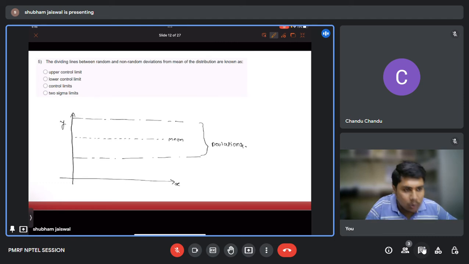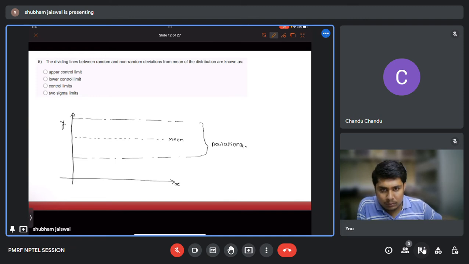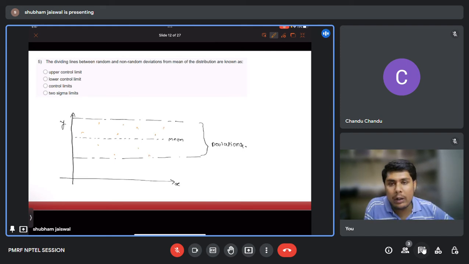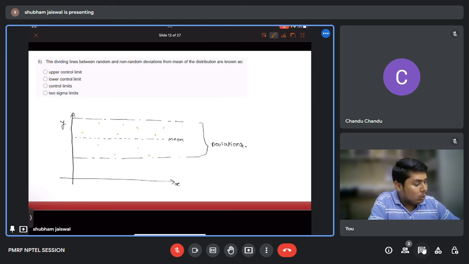Yeah, Mr. Chandu, let's see. So this is my mean. If I have any values, or the deviation like this from my mean value, and we consider this line, what does it imply? It is the upper limit beyond which the process should not go.